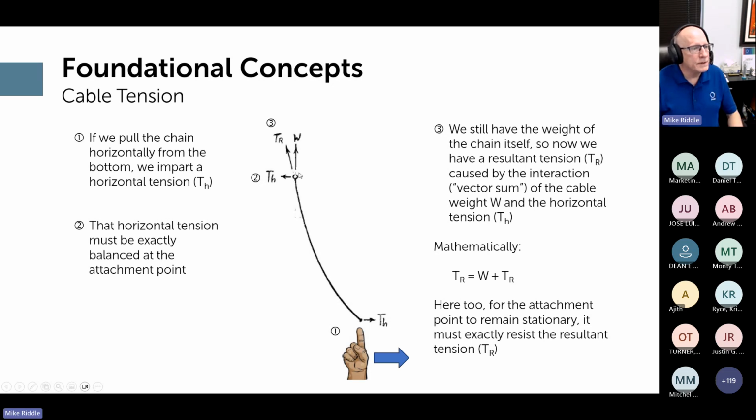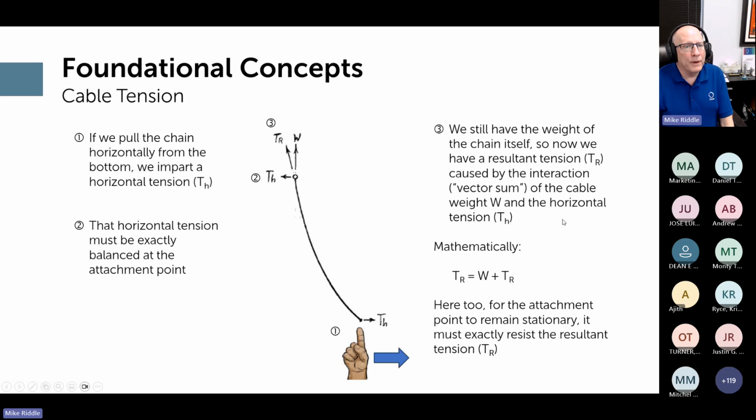So that tension carries up to here and then is resisted by the attachment point. Otherwise, the tension would have to move. So that means that the horizontal tension is exactly balanced at the attachment point. No more, no less. So we still have the weight of the chain to contend with.